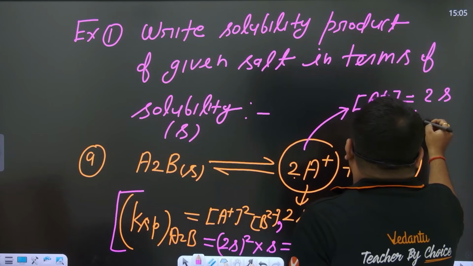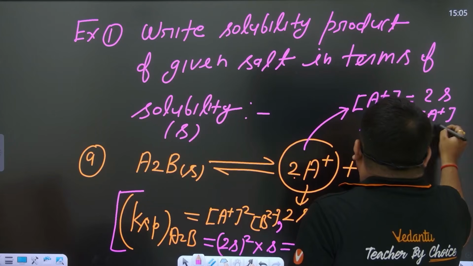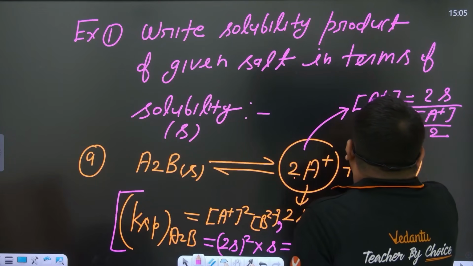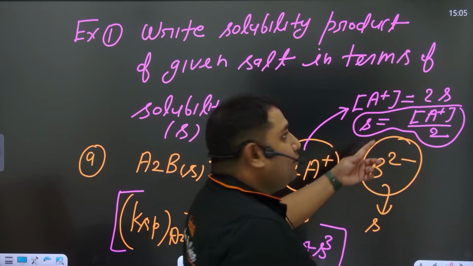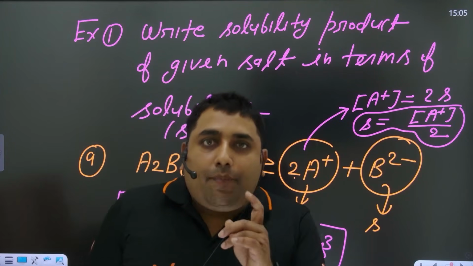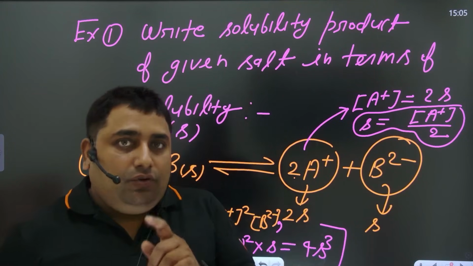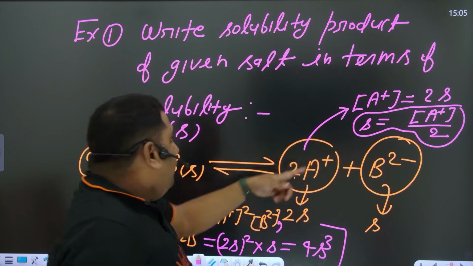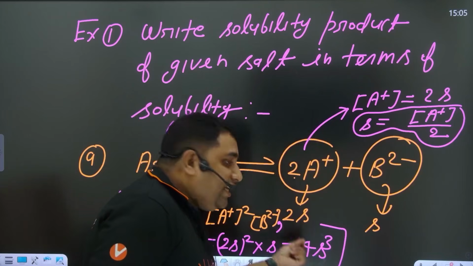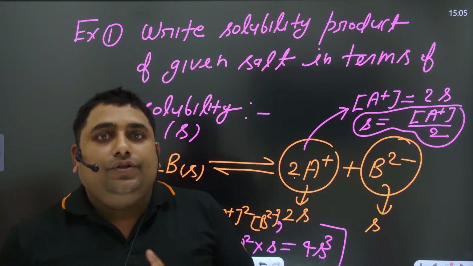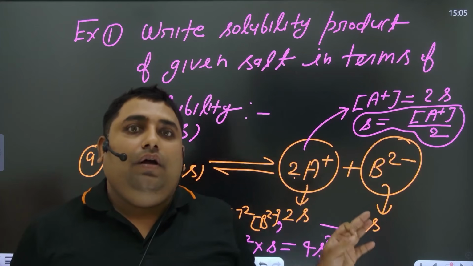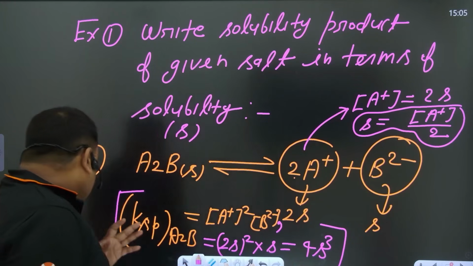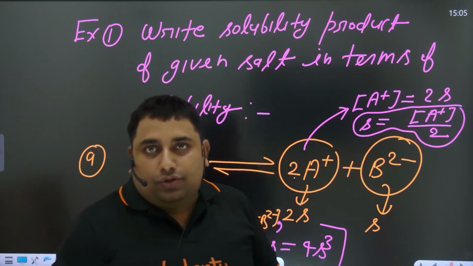S is equal to concentration of A positive ion divided by 2. So using this, first you have to calculate the value of solubility. Now once you have the value of solubility, you just put this S value into this expression, and you get the solubility product of a particular salt, right? So this is a very simple way, beta, to solve.